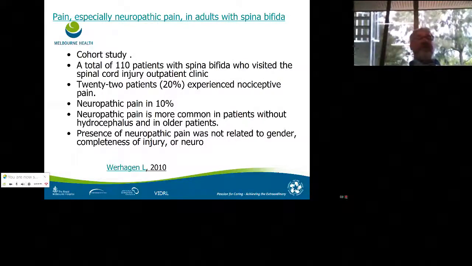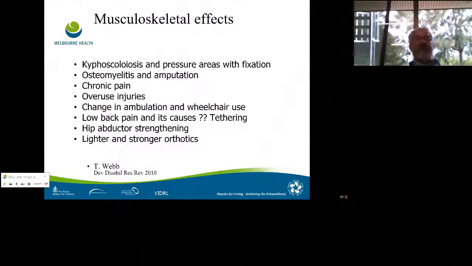The musculoskeletal effects: kyphoscoliosis is very common and can progress even in adults and even with fixation during the childhood or adolescent years. It's associated with osteomyelitis and a significantly increased risk of high-level amputation as well as partial foot amputation, chronic pain, and overuse injuries. I've already mentioned low back pain due to a myriad of causes.